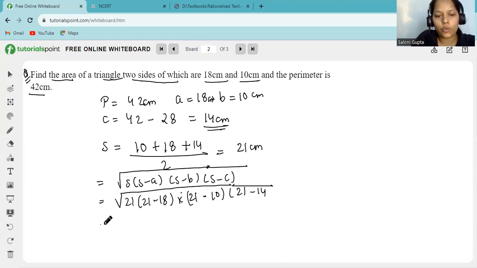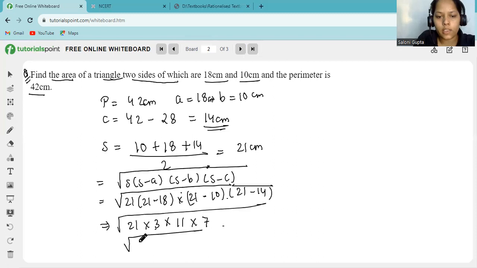Now we will calculate it. Under root 21 into 21 minus 18 is 3, 21 minus 10 is 11, then 21 minus 14 is 7. So 11 into 7, and we can see this 7 into 3 is also 21.